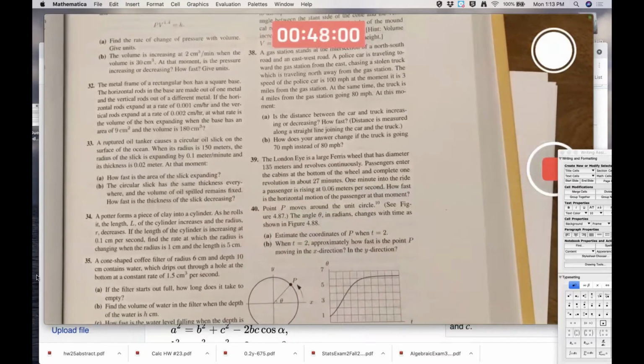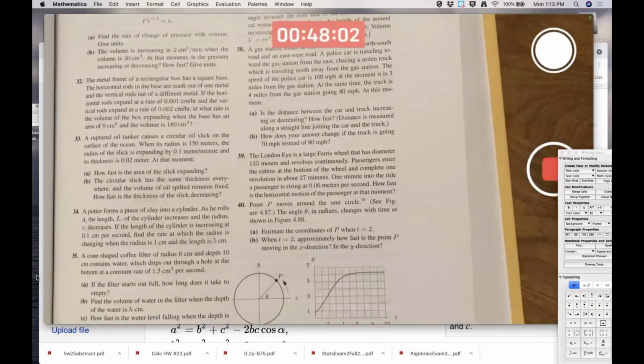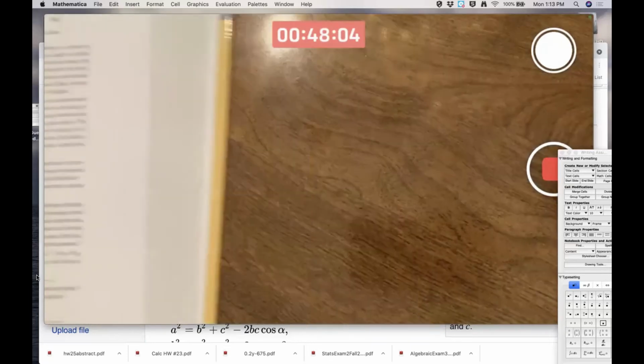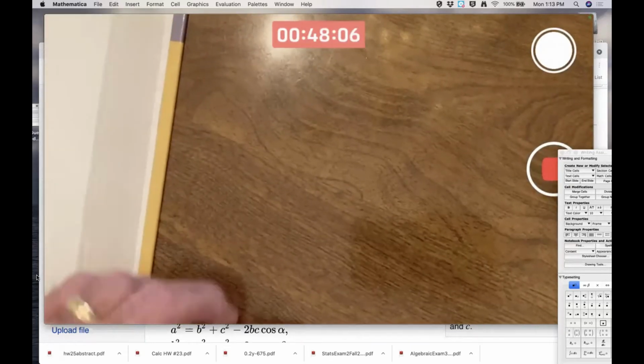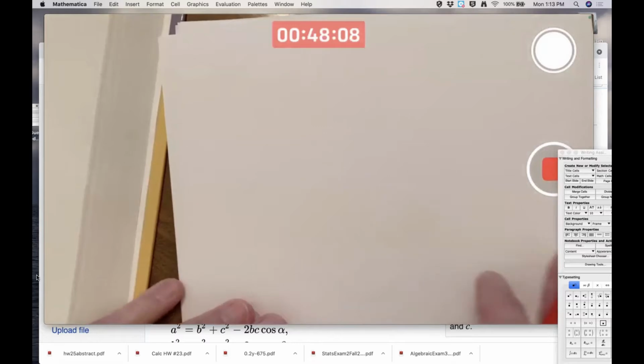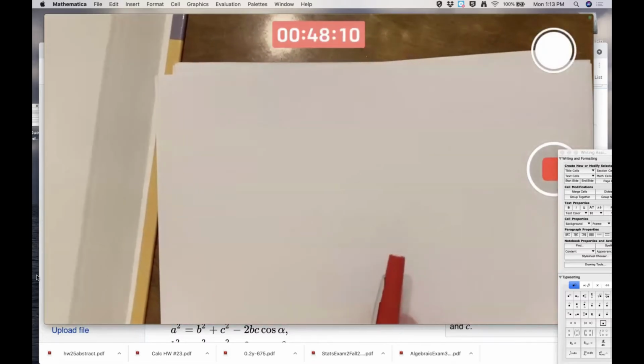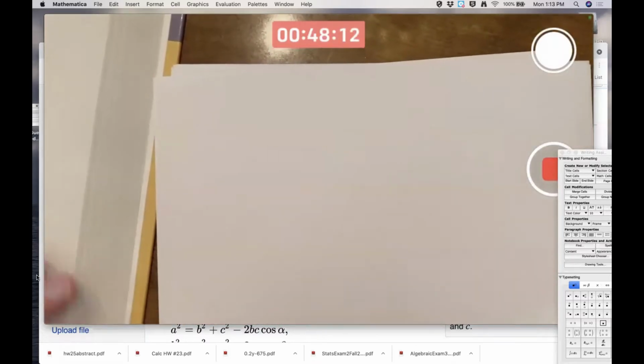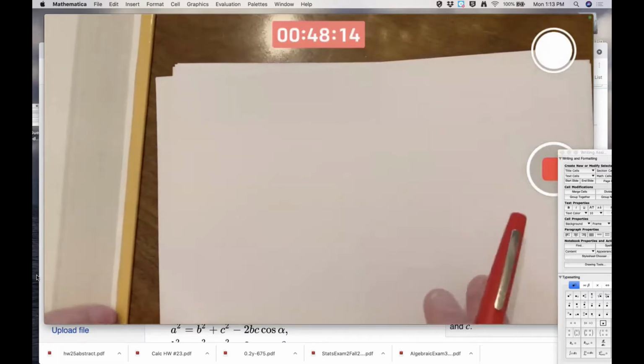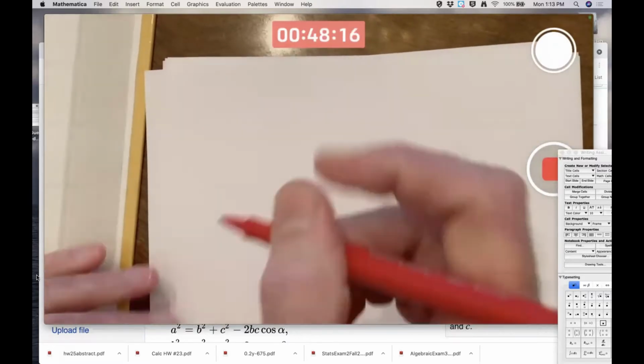So you got to get your mind around this. You got to imagine. Imagination is important in math. What's going on? You got to pretend this is the water here, and you got the oil tanker sitting in the water. I'm not going to draw an oil tanker. But the oil slick is expanding.